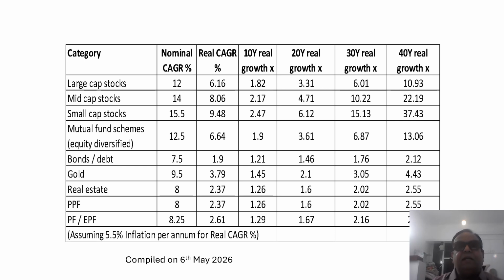But when we say real, you have reduced your return by the inflation rate, which we are assuming at around 5 to 5.5 percent. So 12 percent, 14 percent, 15.5 percent are before adjusting for inflation, but these 6.16 figures are after adjusting.